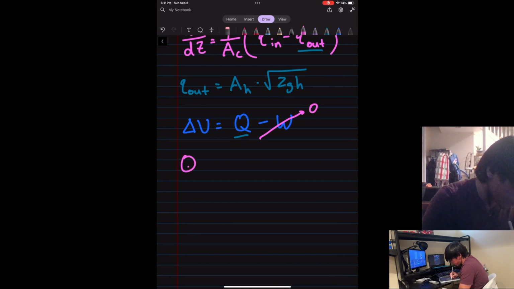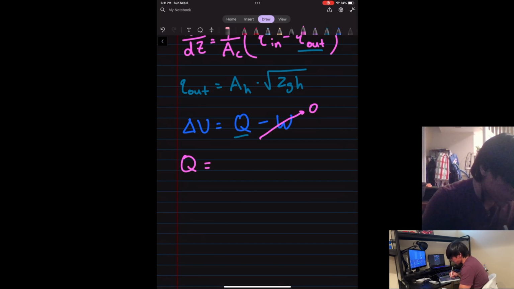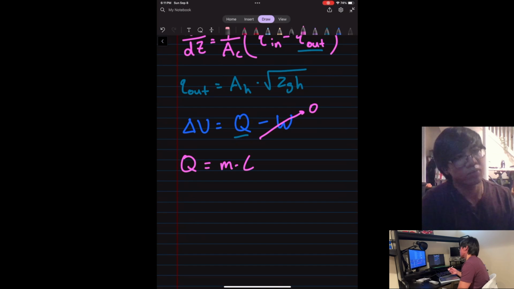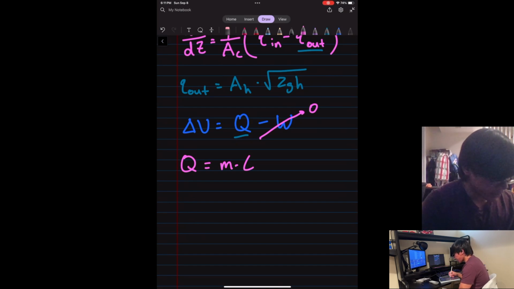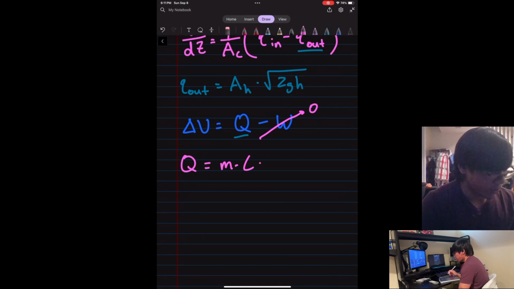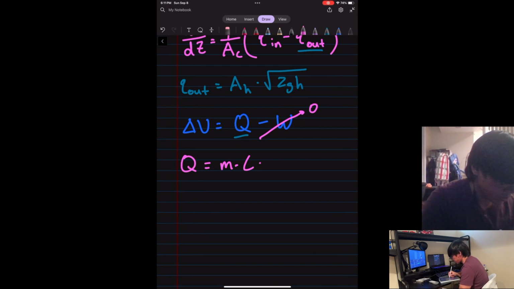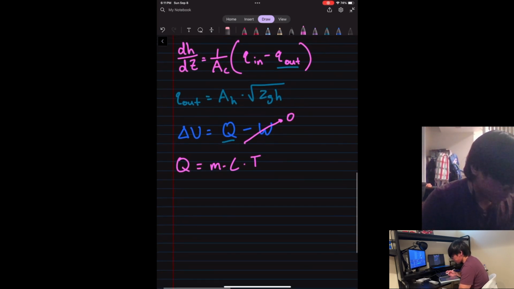So the energy of a heated component in our system is equal to its mass times its specific heat capacity. So this would be water, and that would be times the difference in temperatures with respect to a reference temperature. And we're going to go ahead and say our reference temperature is 0. So I'm just going to put T.